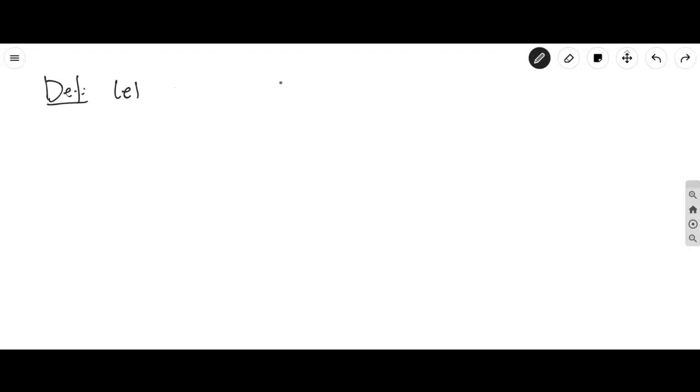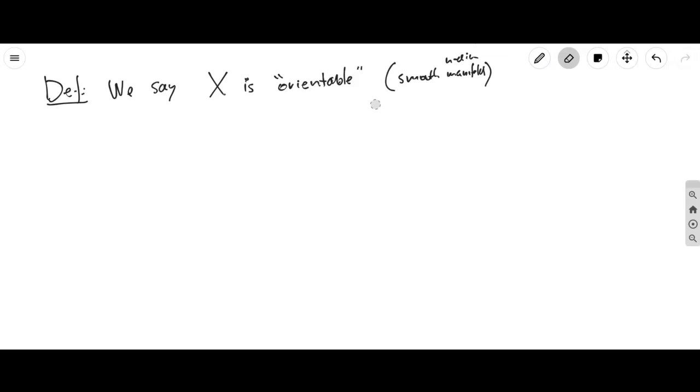We say X is orientable. If you want to add more detail, you can say an orientable smooth manifold, and you can even say an n-dimensional manifold, but then you're just adding too many words. Let's just have the convention that anytime you see orientable, it's referring to a smooth manifold.